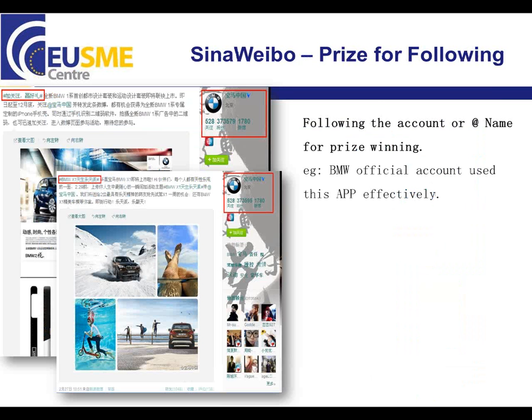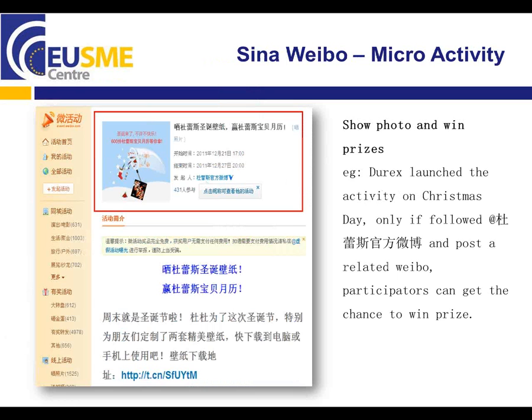Sina Weibo has developed a lot of applications that are linked to the accounts. So, for example, you can win prizes if you start following the brand. BMW had been one of the first brands to start this, and so every 50 or 100 new followers will get a prize from BMW, basically. We have also micro activities.